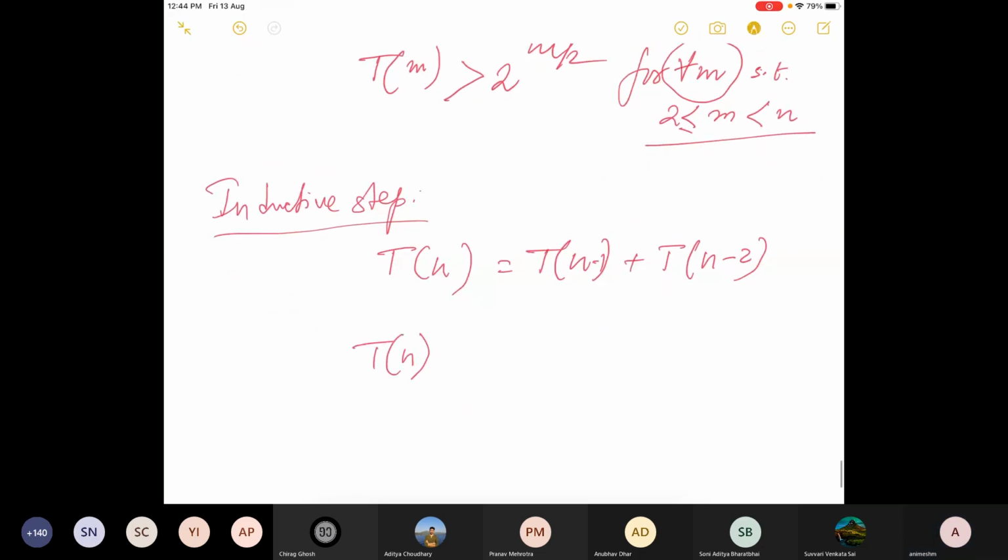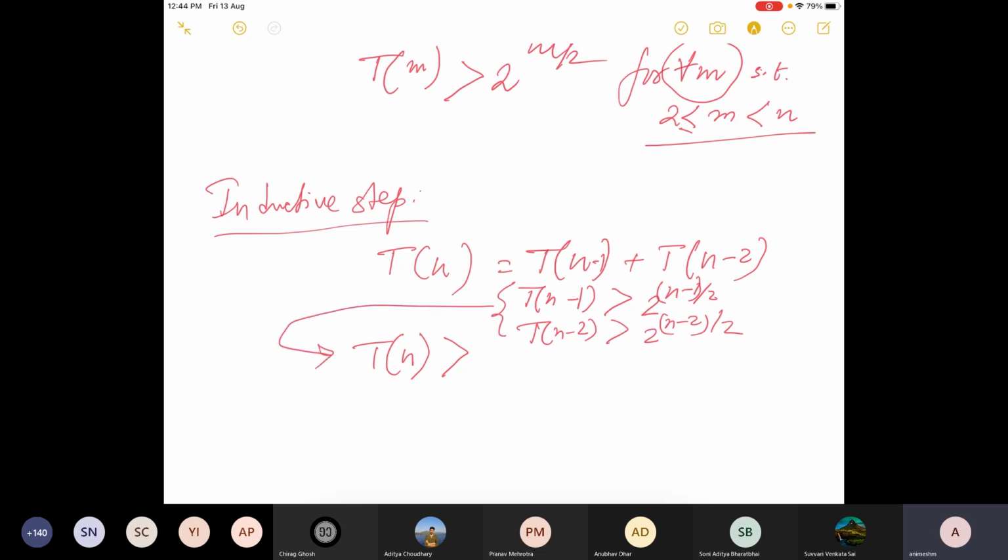So Tn is greater than, given that Tn minus 1 is greater than 2 to the n minus 1 by 2 and Tn minus 2 is greater than 2 to the n minus 2 by 2, we have from these two that come from the inductive hypothesis, Tn greater than 2 to the n minus 1 by 2, sorry, there is this plus 1.